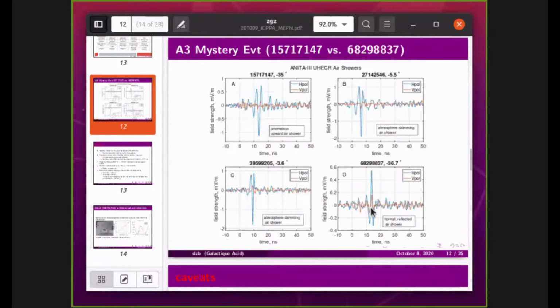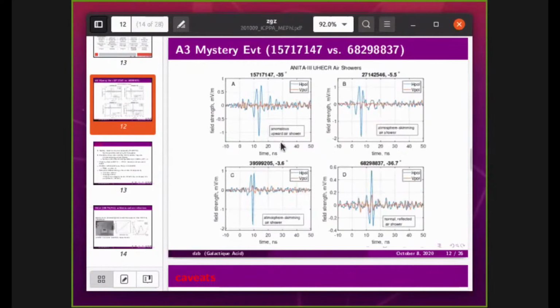In the lower right is a signal which has about the same upcoming elevation angle as the standard ultra high energy cosmic ray at this sort of elevation angle. However, it has clearly inverted polarity. And there are a couple of events that have been observed of this type in the Anita dataset, and these are the so-called anomalous or mystery events.